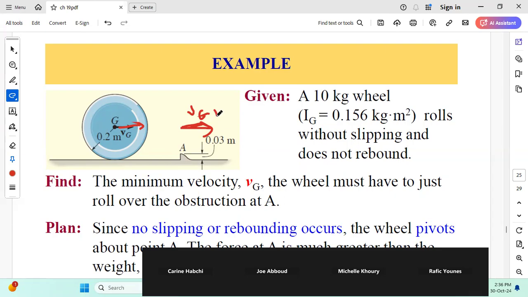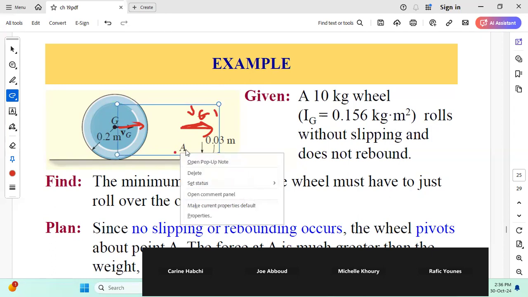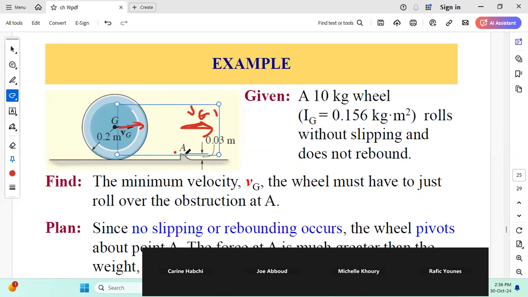Now, what will happen during collision? Because of the collision, the disk will rotate about A. Since we have rolling without slipping and no rebound, it will not lose contact with A. The disk will go over A, then move downward and continue its motion.